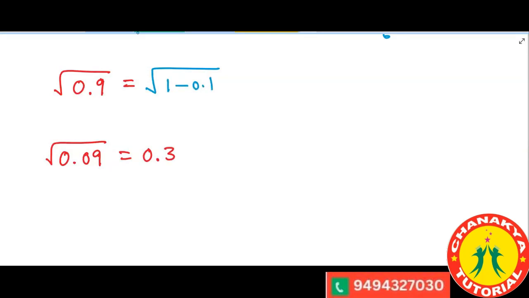1 minus 0.1. Now apply our formula. Root 1 minus 0.1 by 2 root 1. Correct? Yes. So 1 minus root 1 is nothing but 1 only.